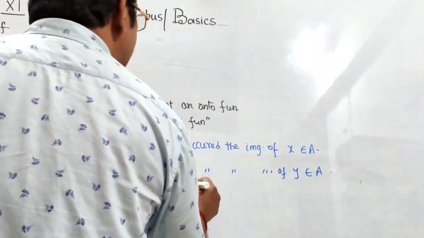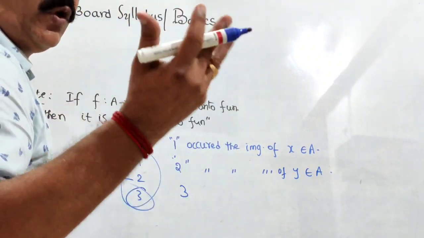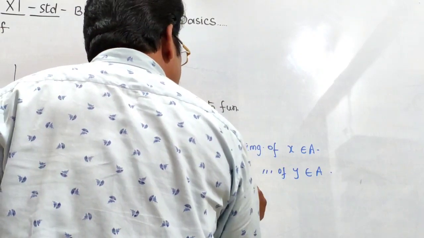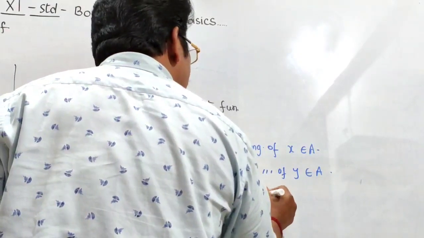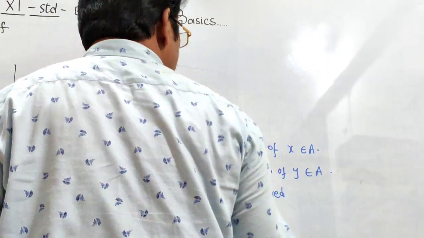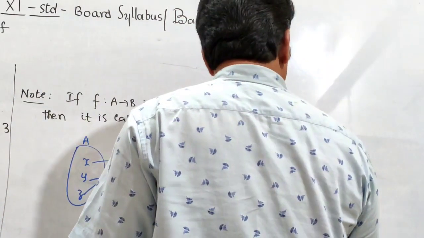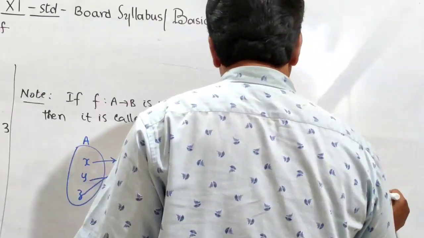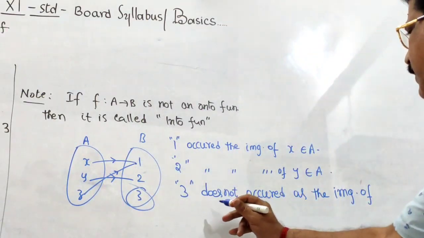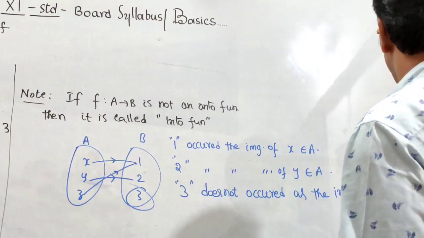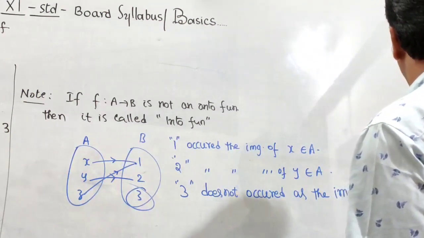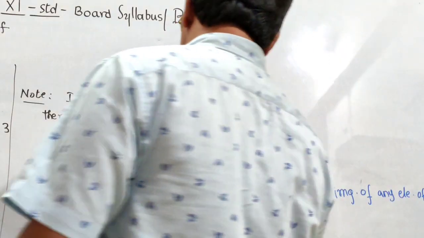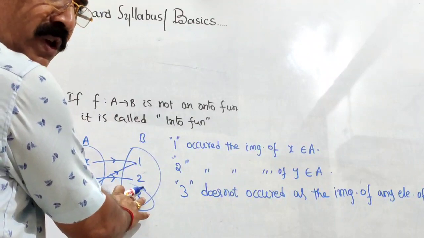What about 3? 3 no. So 3 does not occur as the image of any element of capital A. So there is no image.